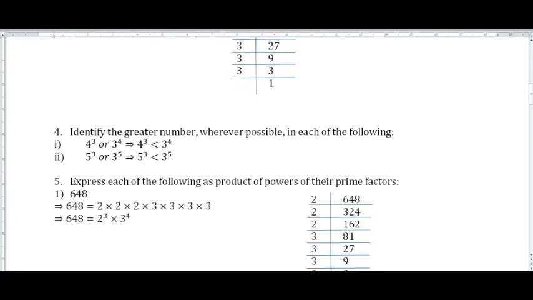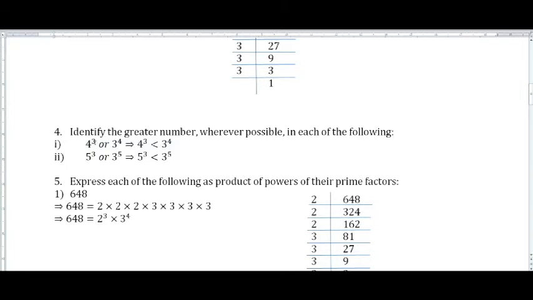Identify the greater number wherever possible in each of the following. In this question, in consecutive numbers, if you want to know which one is greater, you have to see the exponents. The number which has the greater exponent will have the greater value.